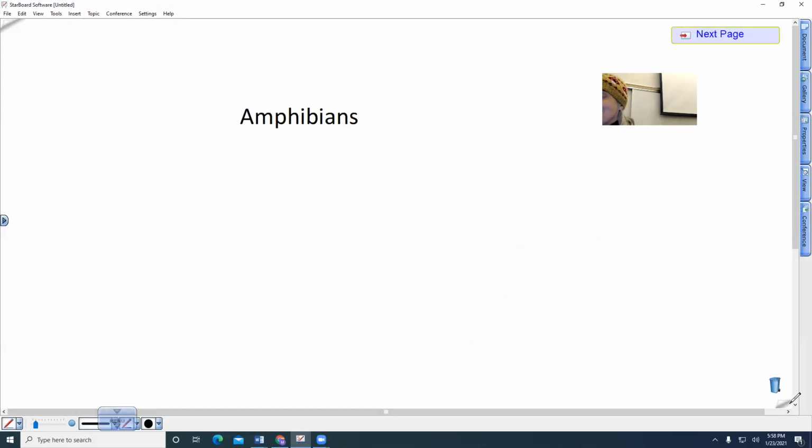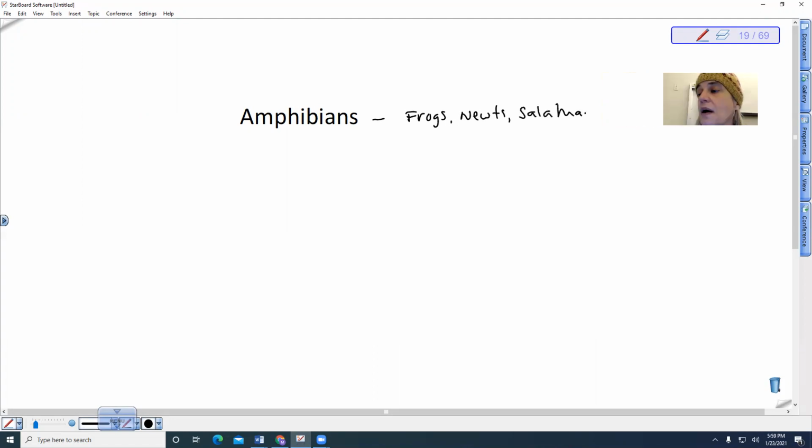So let's look at these amphibians. They would be frogs, newts, salamanders, another interesting one is a legless amphibian. We have legless reptiles. We also have legless amphibians, and they're called caecilians.